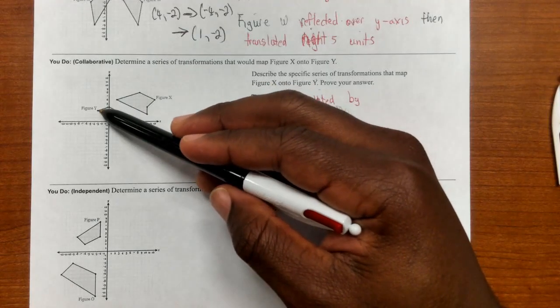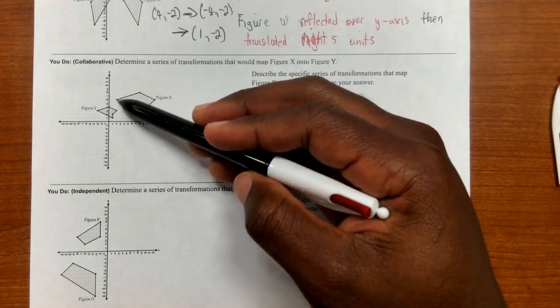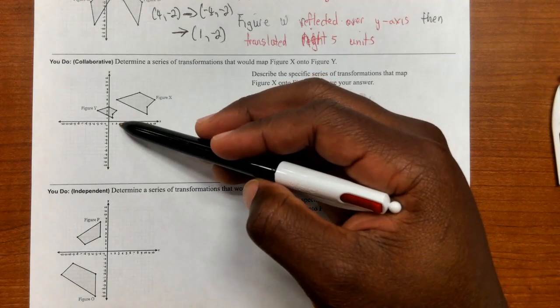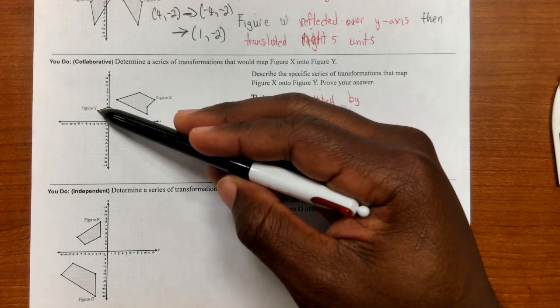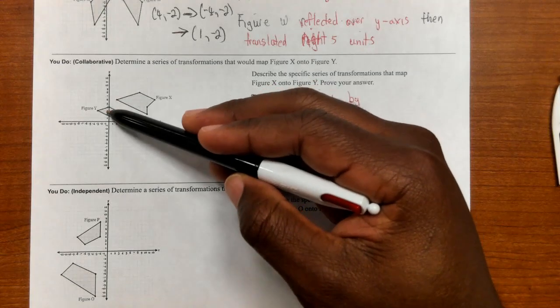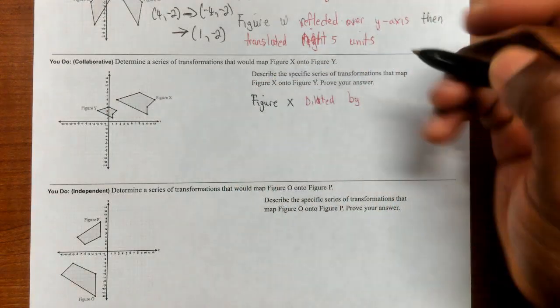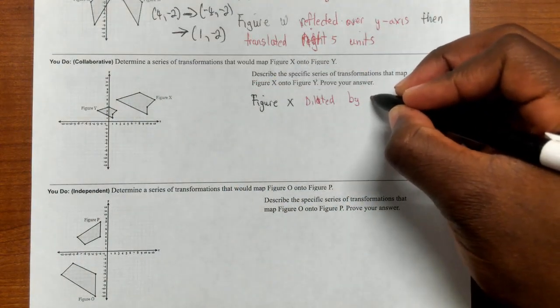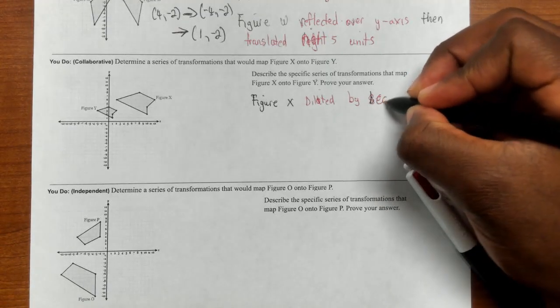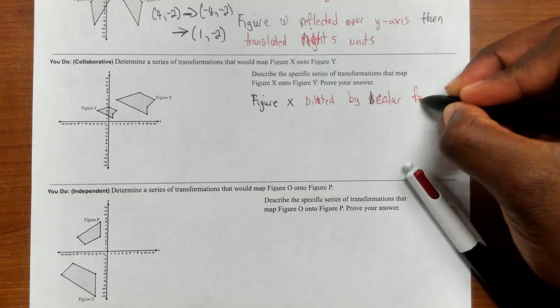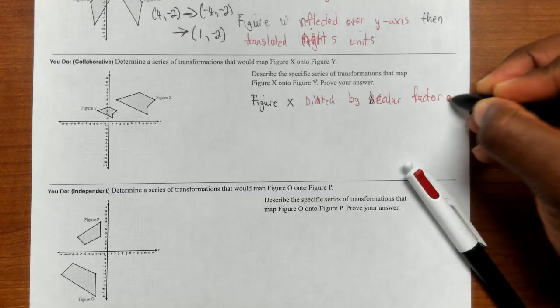Okay, so this y value went from 3 to 6. From 3 to 6 means that I'm multiplying by 2. So I dilated by a scalar factor of 2.